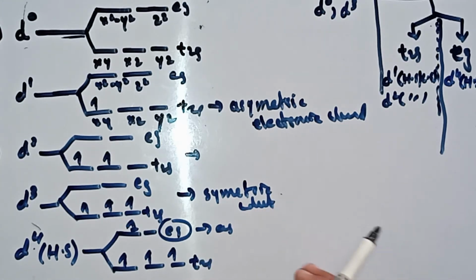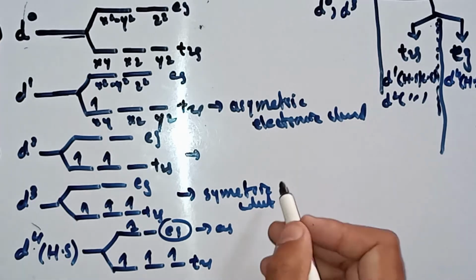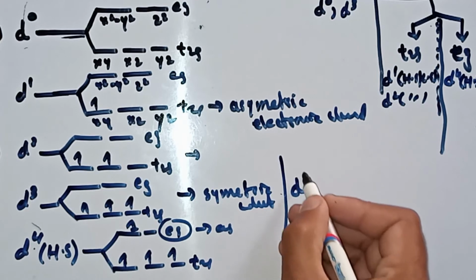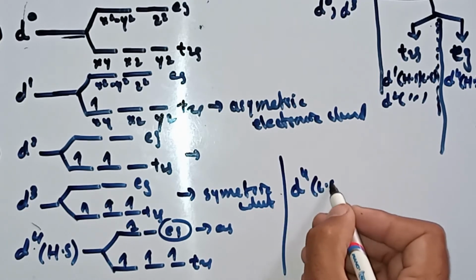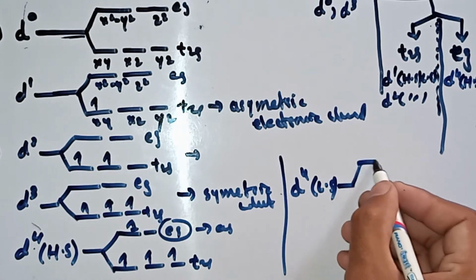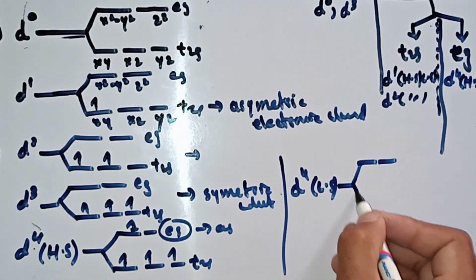Now I am just cleaning the board. Okay, sorry, let's write here the d4 system for a low spin complex. For a low spin complex, what will the position be? It will be like this: that is eg, that is t2g.